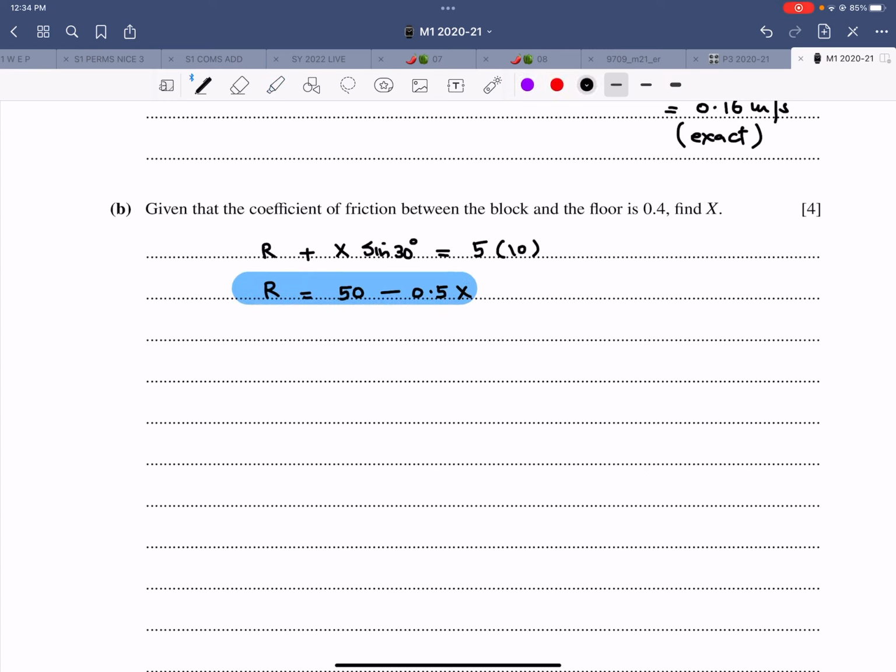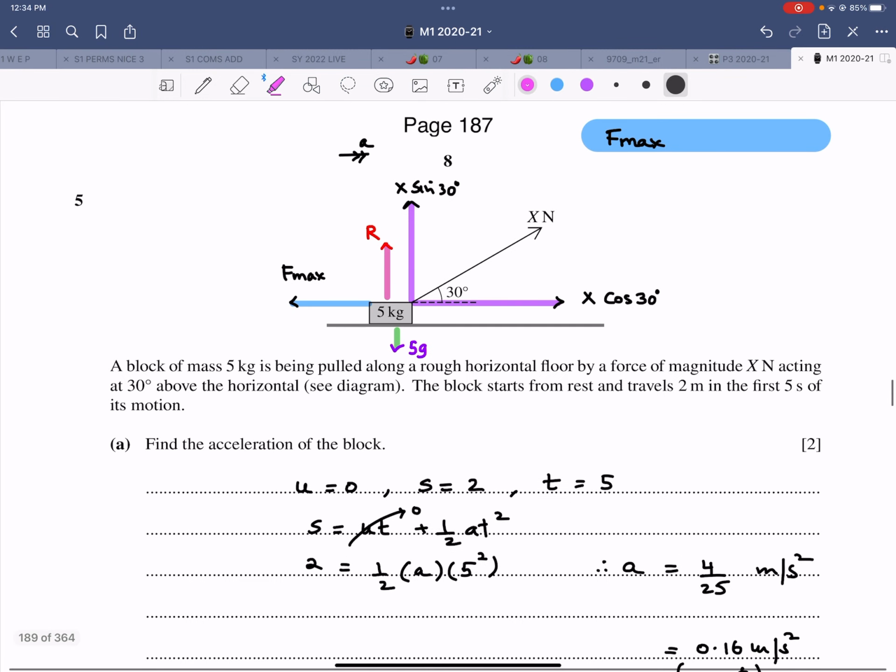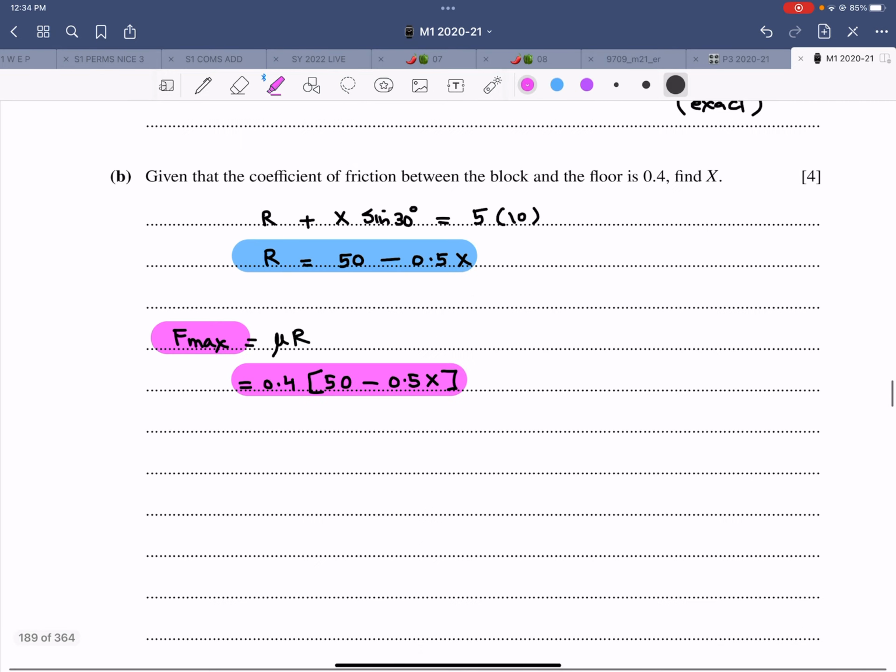Now let's talk about F max. F max is mu R. That is 0.4 into 50 minus 0.5x. That is the second thing. So F max is equal to this. Third thing, it's accelerating. So x cos 30 is greater than F max.